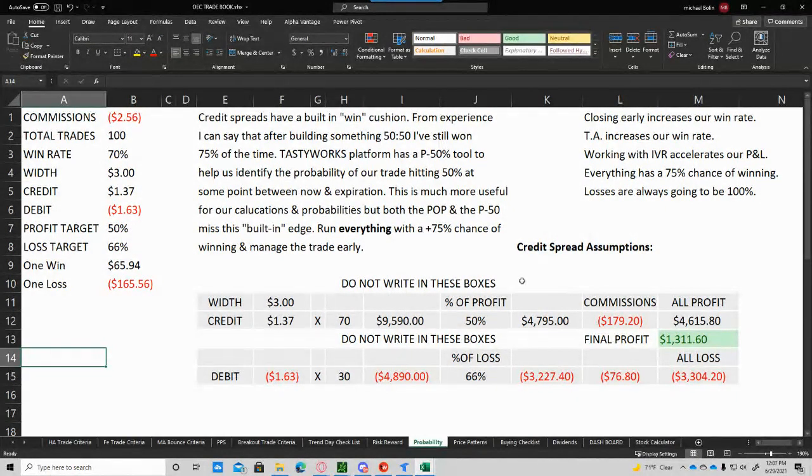It doesn't matter where I go. I've broken down my trades from 0 days, Friday trades, short duration, less than 30 trades, 45-day to expiration trades, 90-day trades, and a full year trade. Each one of them individually carry that 70 to 75. And then in aggregate, carry that 70 to 75.